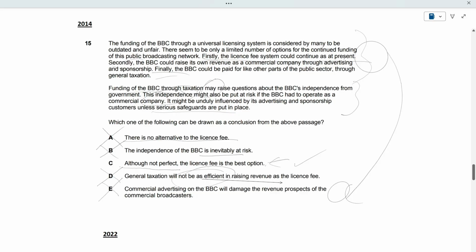The conclusion, the one that best fits if you put therefore in front of it, is C, because it totally matches the tone of the paragraph, whereas the others, yeah, this is about the license fee. What it's doing is talking about the license fee, giving other options and then saying those options are bad, therefore the license fee is the best option, even if it's not perfect. That's the perfect match there. So that is the conclusion that can be drawn.